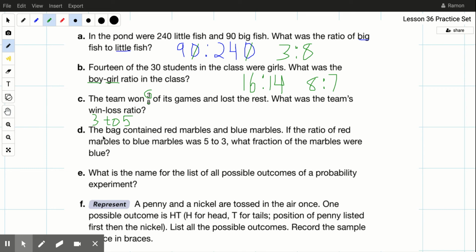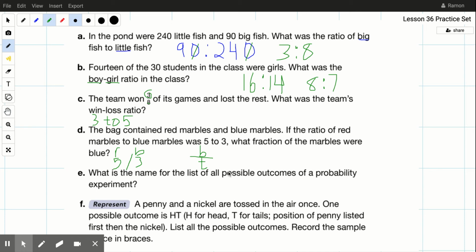For D, the bag contained red marbles and blue marbles. If the ratio of red to blue, so again, the order here matters, red to blue was 5 to 3. What fraction of the marbles were blue? So in order to figure out our fraction, we want all the blue marbles, and then the denominator is going to be the total number of marbles.